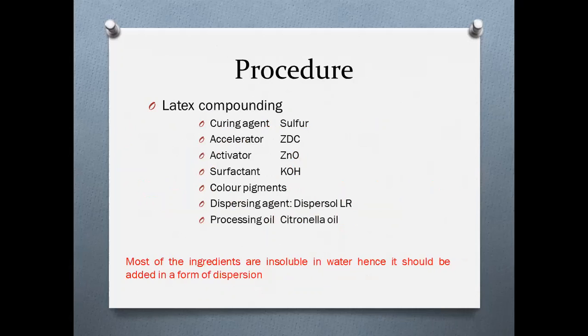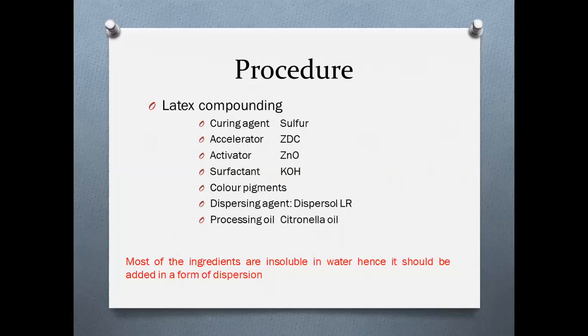Then the procedure. The first thing is latex compounding. Latex compounding means, as I told you earlier, adding different ingredients to the latex. Here the ingredients are, the first one is curing agent, that is sulfur. Curing agent means the vulcanizing agent.